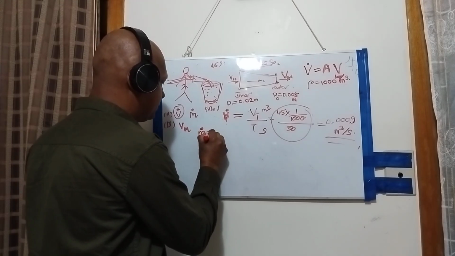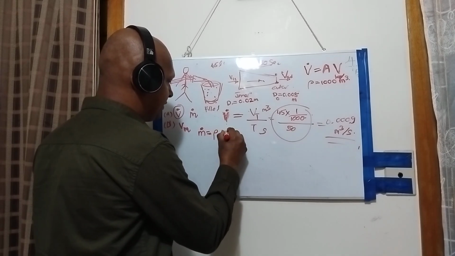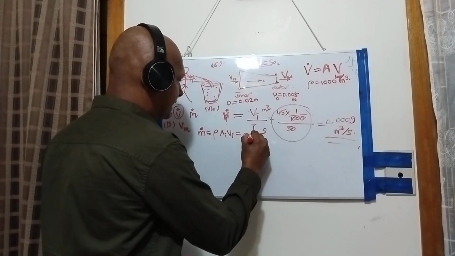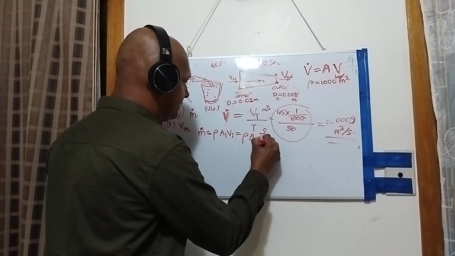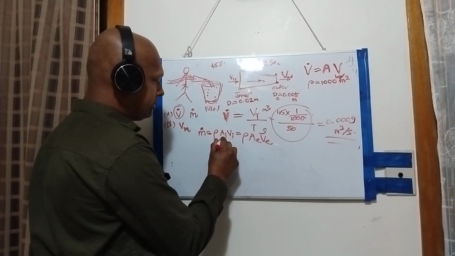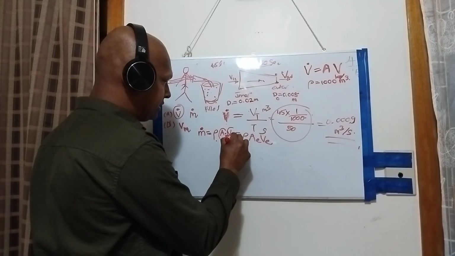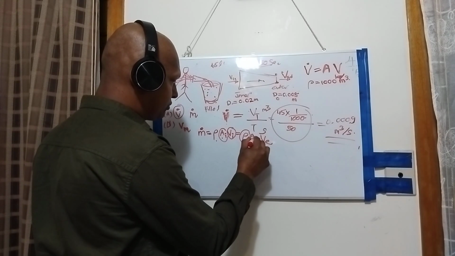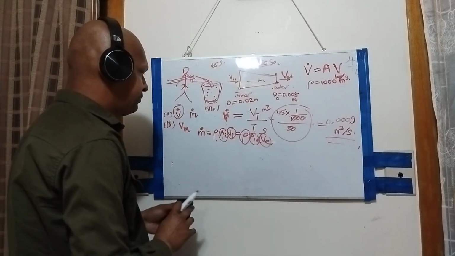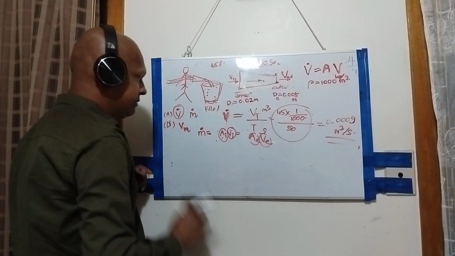Mass flow rate equals rho A_i V_i or rho A_e V_e. So inlet diameter, inlet area, inlet velocity, outlet area, outlet diameter, and density. The density remains the same.